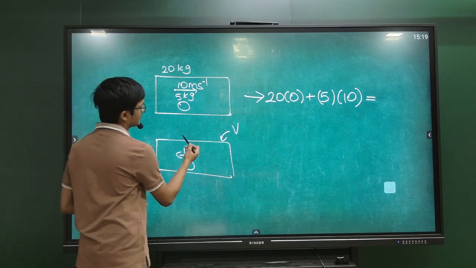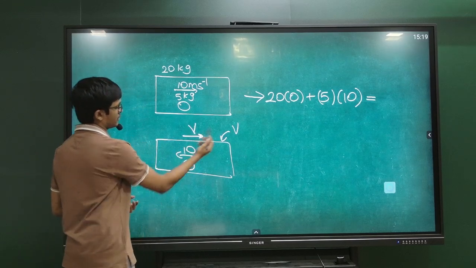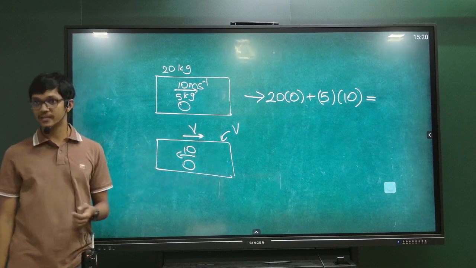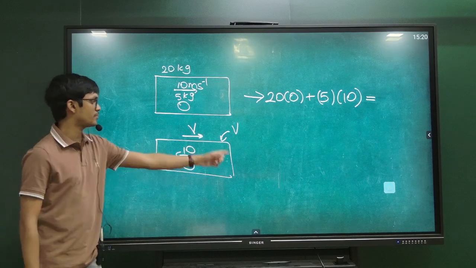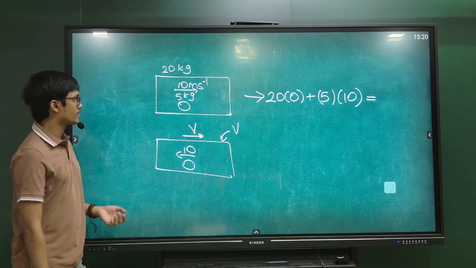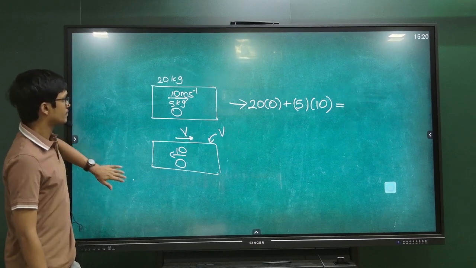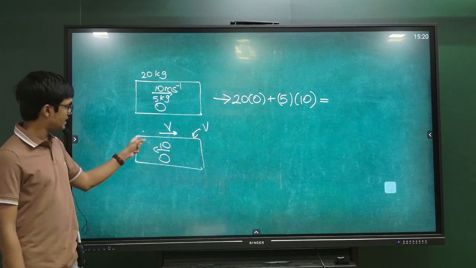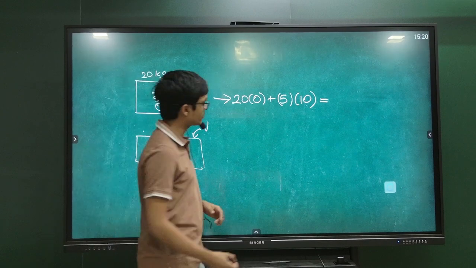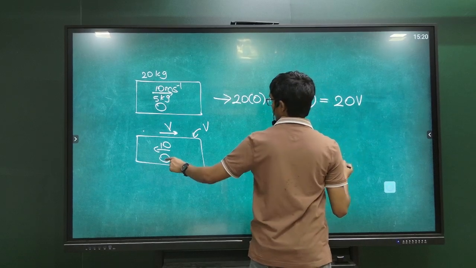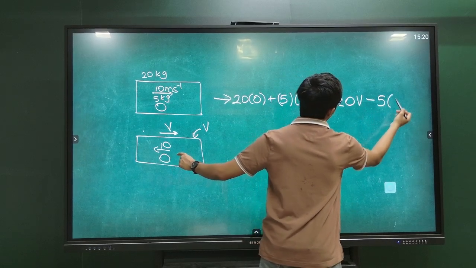Then if the velocity of this larger box is v, I can write 20 into v, minus 5 into 10. Why minus?